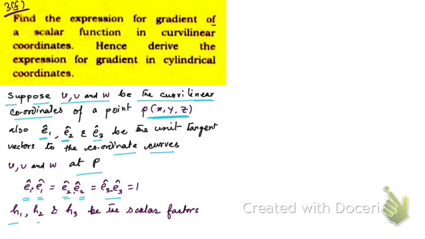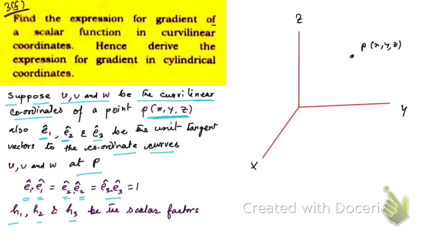And h1, h2, h3 are the scalar factors. Let me explain why. Suppose we have a coordinate system. This is the Cartesian coordinate system. This is your x, this is your y, and this is z. Suppose we have a point P. Its coordinates are x, y, z. Suppose we have curves like this here.